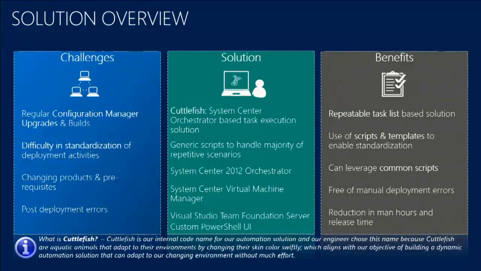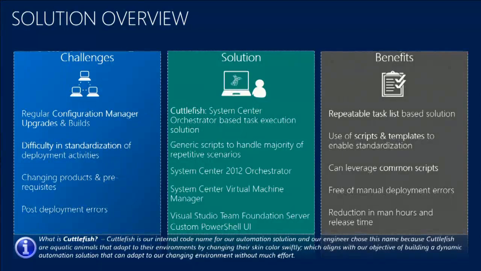And the scripts and templates that we use are sometimes not standardized, because one admin copies the script onto his local machine and reuses that. Another admin uses it from a share. Another admin uses it from source control. So there is no formal standard that the admins follow for upgrade, which ends up in errors and problems.